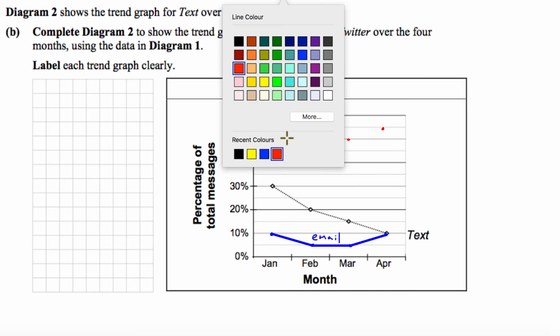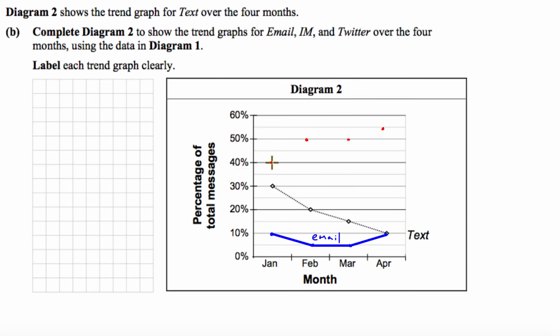So we'll do this in red. That's the trend graph there for IM.